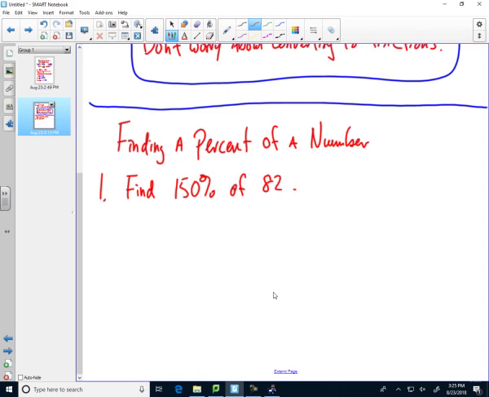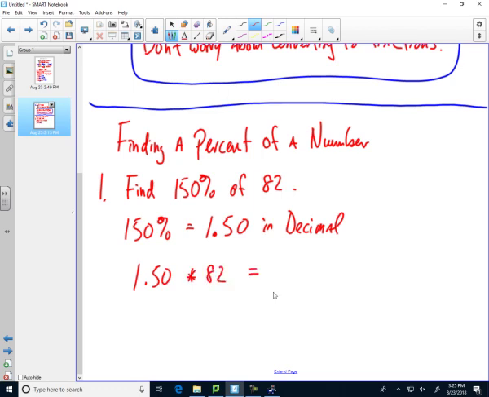We need to do something to the 150% first. You're going to take the percent, right. We need to convert 150 to a decimal. So 150% is what? 1.50. 1.50 in decimal. Now we can go 1.5 times 82 equals 123.